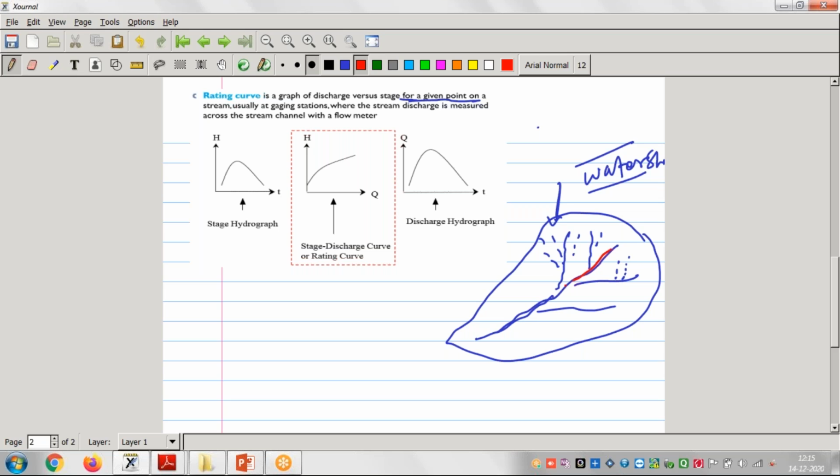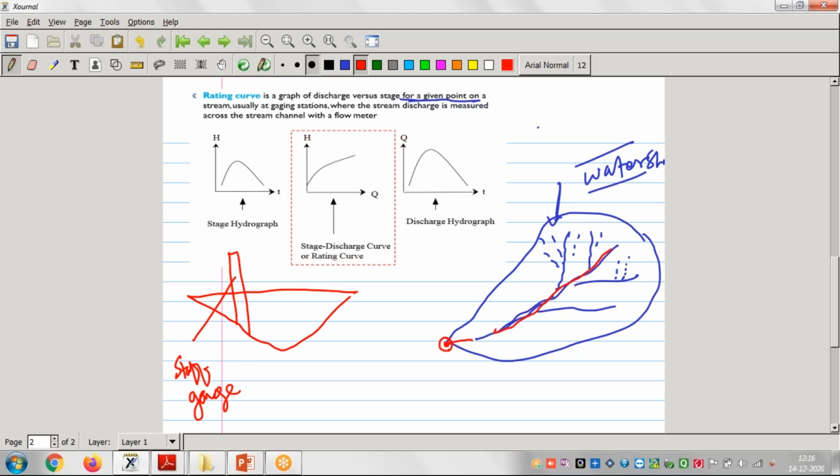So this is our main river, and these are the small rivers. Suppose these rivers come here at this point. If you see, the river looks like this, right? At this point we have fixed the staff gauge, right?